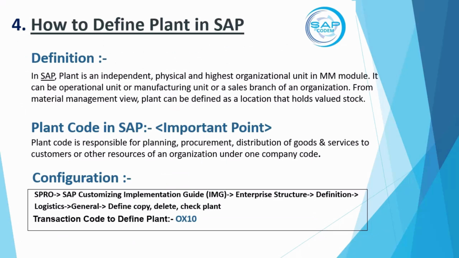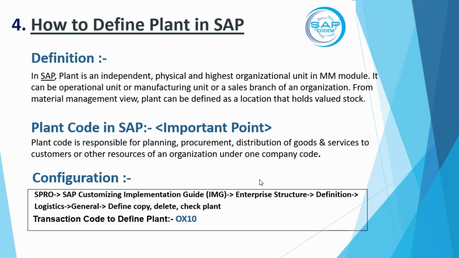Move on to the next screen. How do you define the plant? Plant can also be defined in two ways: by T code, or by using SPRO and the implementation guide. Just go to the next slide. This is plant. What is plant? We already explained that in the earlier session, so you will know what exactly a plant is.